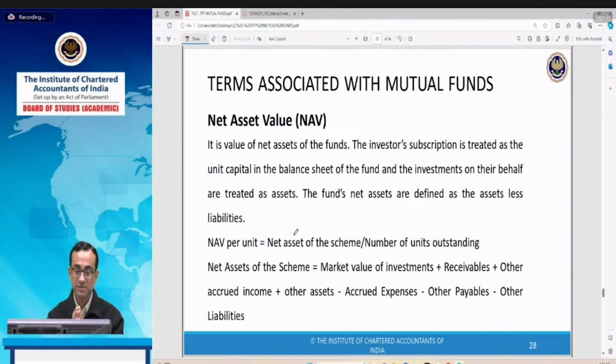So net asset value per unit is equal to net assets of the scheme, that is total assets minus total liabilities, divided by the number of outstanding units. And net assets of the scheme is equal to the market value of investments plus receivables, other accrued incomes, other assets, and accrued expenses, minus any accrued liabilities, that is other payables and other liabilities.